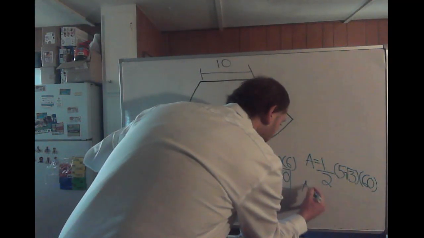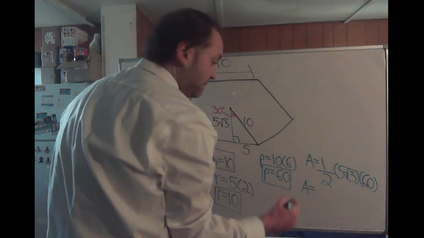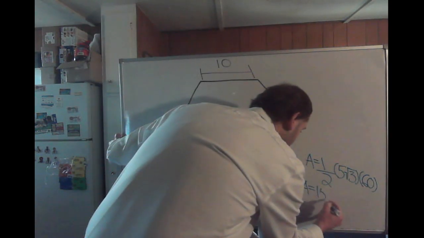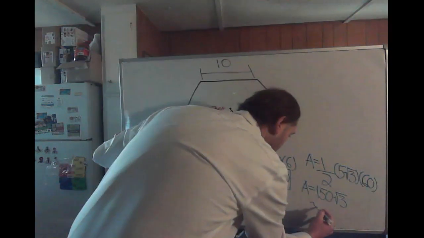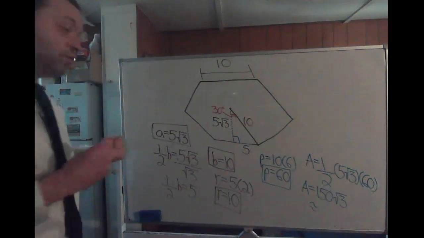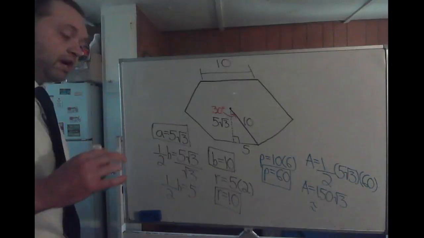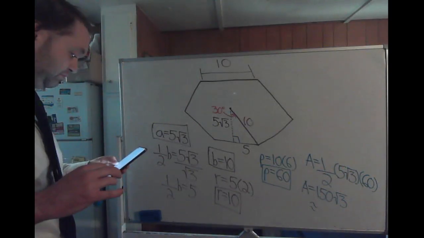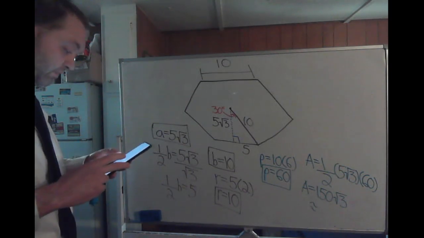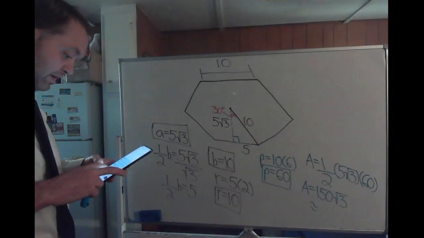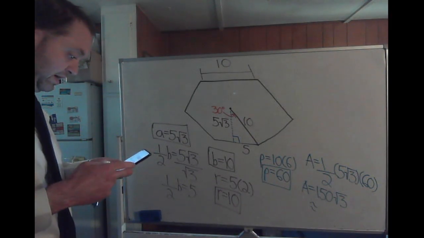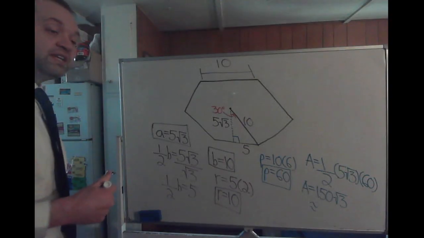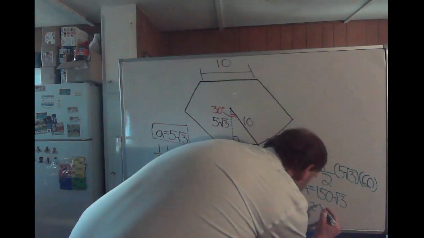Which means the area is exactly 150 times the square root of 3 if we were to do an exact, but we're going to do a decimal approximation, of course, to 1 decimal place. 150 times the square root of 3 is about 259.8 square units.